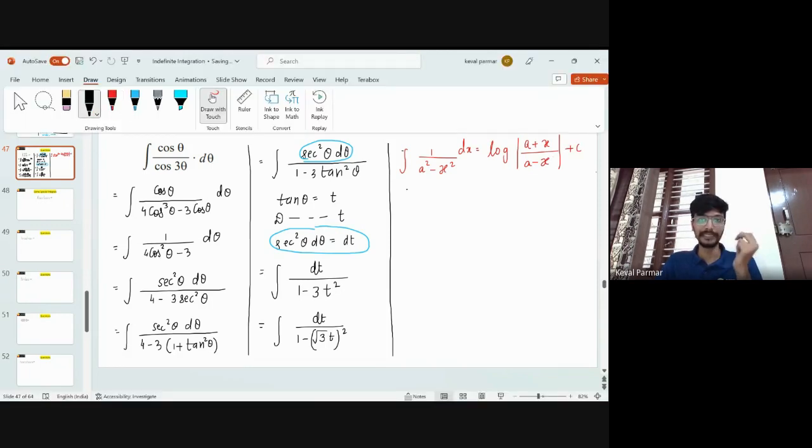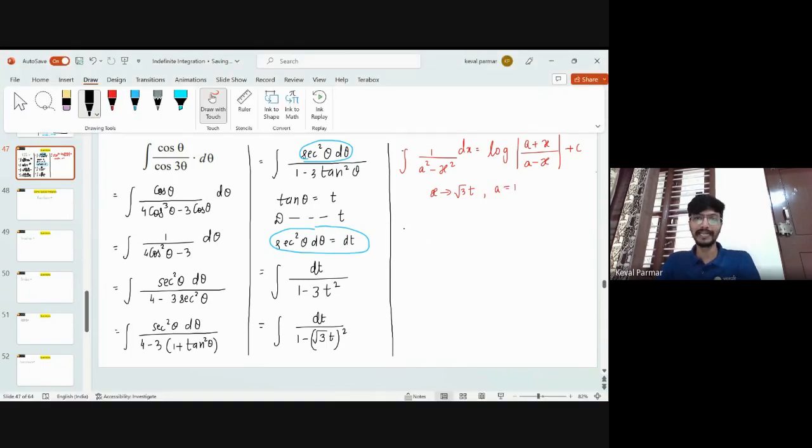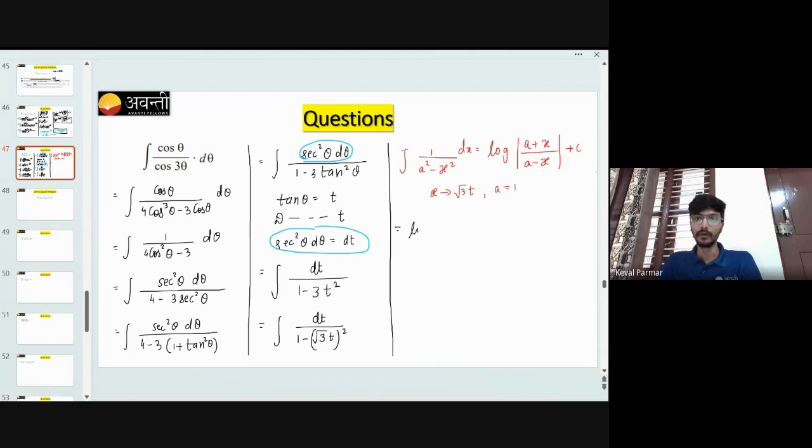So here in our case, in place of x we have root 3t, and in place of a we have 1. So my answer will be log mod of 1 plus root 3t upon 1 minus root 3t plus c.